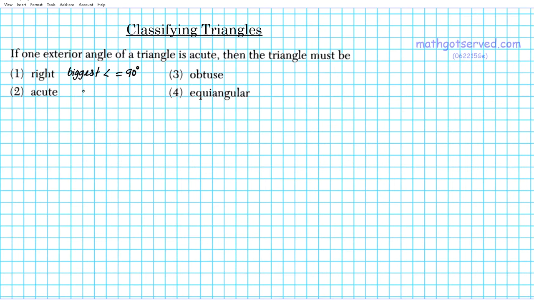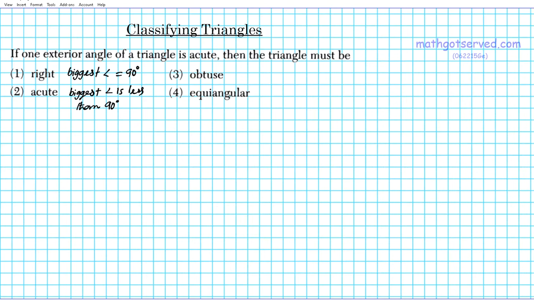For number two, how do you know you have an acute angle? You have an acute triangle when the biggest angle is less than 90 degrees. Okay, so if the biggest angle is 90, you have a right triangle. If it's less than 90 degrees, you have an acute.